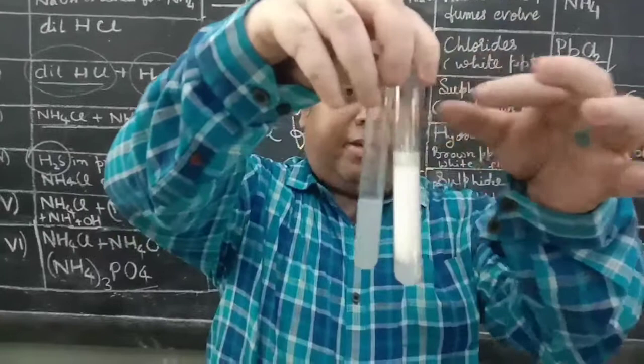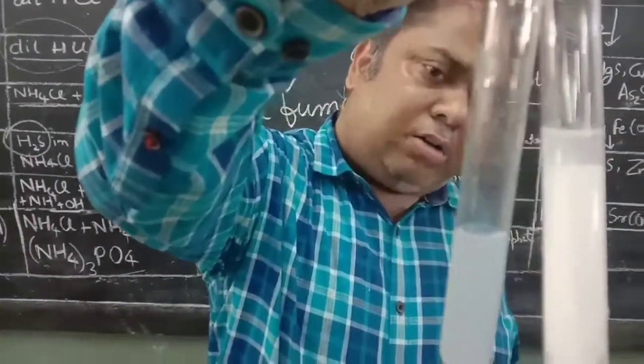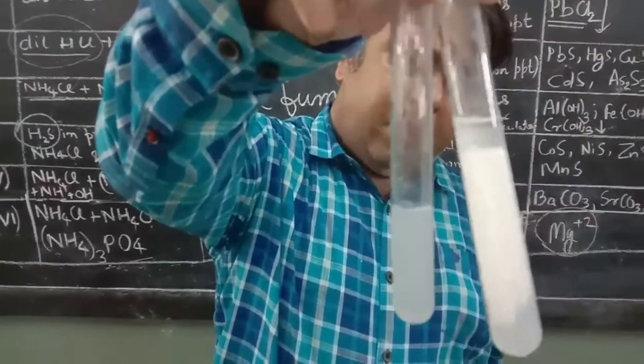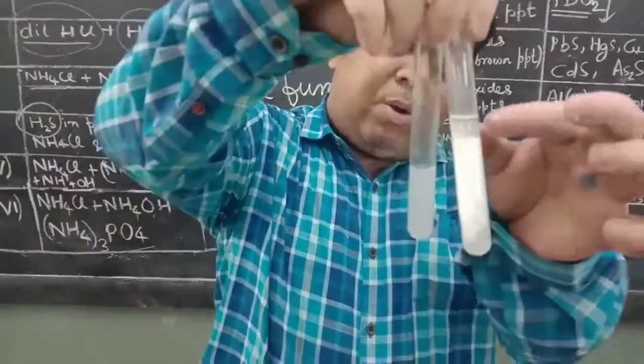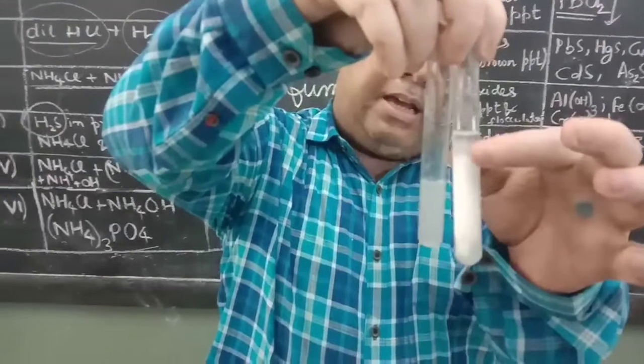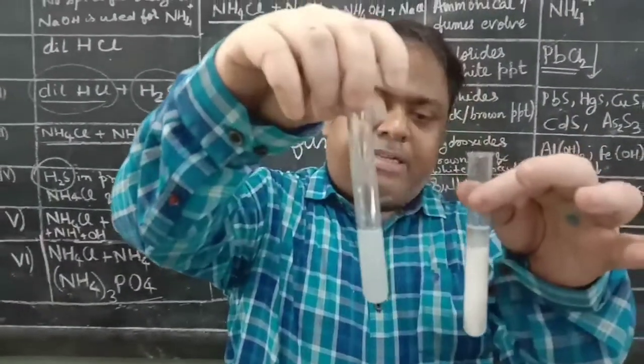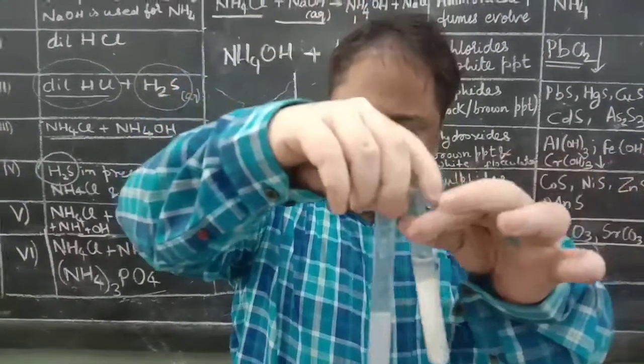The difference is clear. Earlier it was not a white precipitate, but now it is. You can see how heavy the precipitate is. So this now contains not lead nitrate, this contains HCl and lead chloride, whereas this contains lead nitrate solution. So this difference should be very clear.